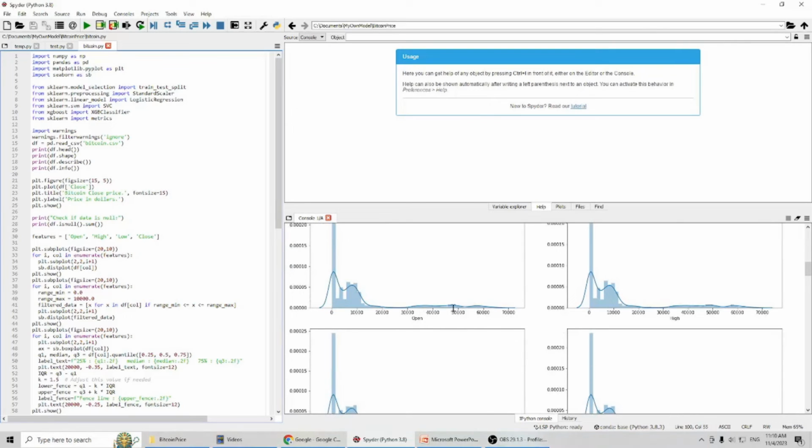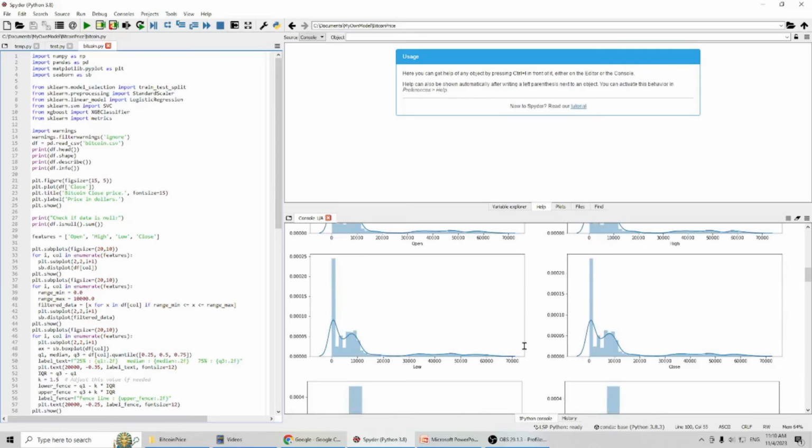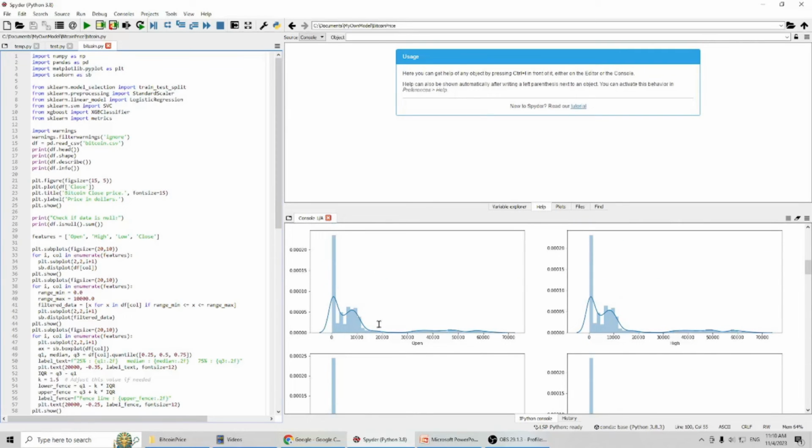And then we can also check the distribution of open price, high price, low price, and close price. You can see most of the price is clustered around here, less than 10,000.